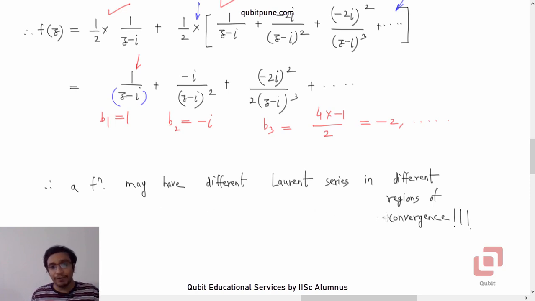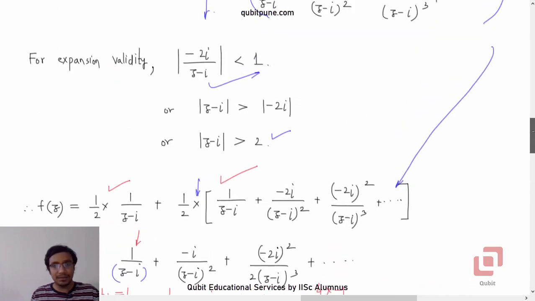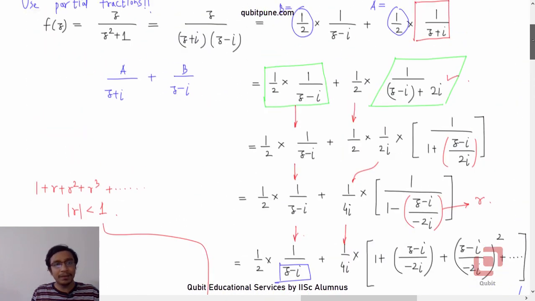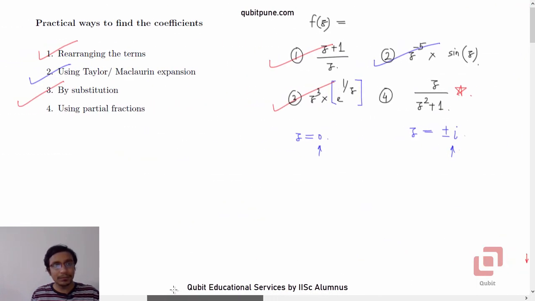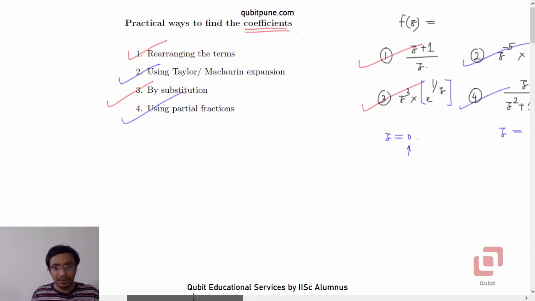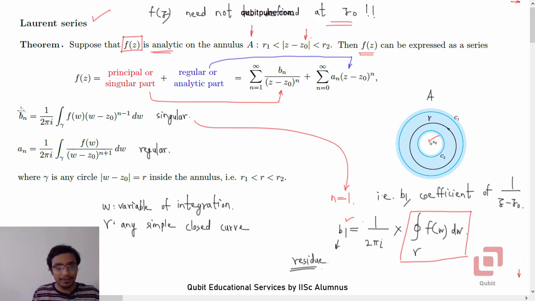So you cannot have two different Laurent series for the same ROC. It may have different Laurent series in different regions of convergence, and the example is right in front of us. We have used partial fractions, and we have made use of the geometric series which we talked about in our previous sessions. So these are the four methods to find the coefficients or to generate the Laurent series, and in all four of them we haven't used this formula for Bn as well as for An.